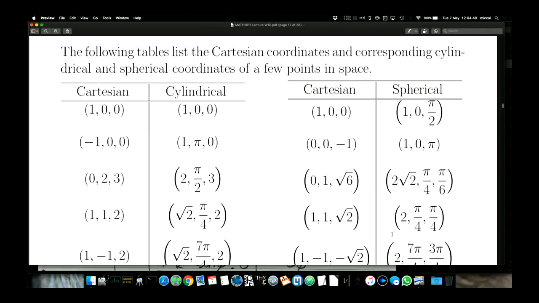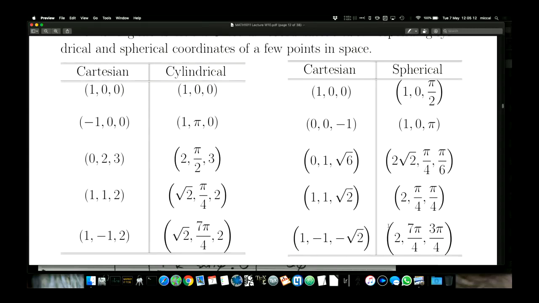In some textbooks, they will reverse the order for spherical, so some textbooks might use rho, phi, theta. So if you're looking in a textbook and they use a different order, then some things will be backwards. Of course, the final answer will be the same. But we use the notation rho, theta, phi, because then theta's in the same spot that we're used to, in the second spot.